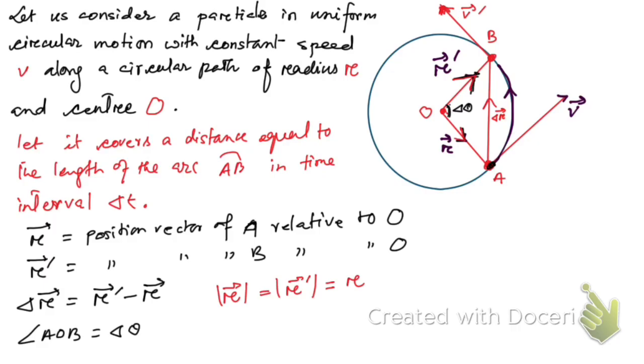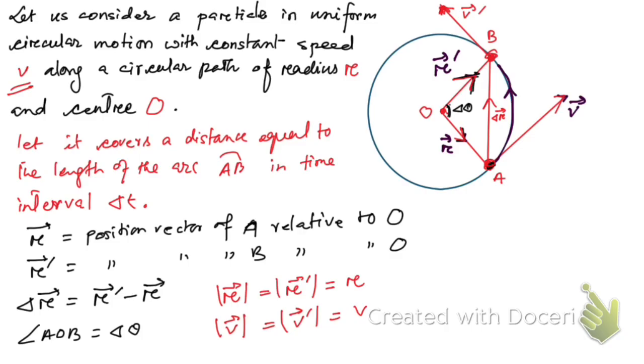And as it is moving with constant speed v, the instantaneous velocities at A and B, v and v dash, their magnitudes must also be v.